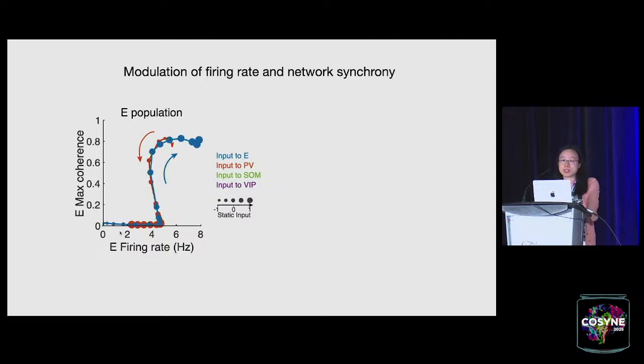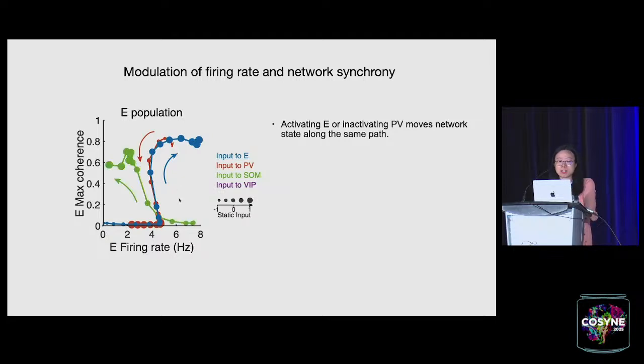Interestingly, input to the excitatory neurons moves the network along the same path, but in the opposite direction. Increasing the input to the excitatory neurons increases the synchrony level. Similarly, input to the SOM neurons also increases network synchrony, but it monotonically decreases the firing rates of the excitatory neurons.